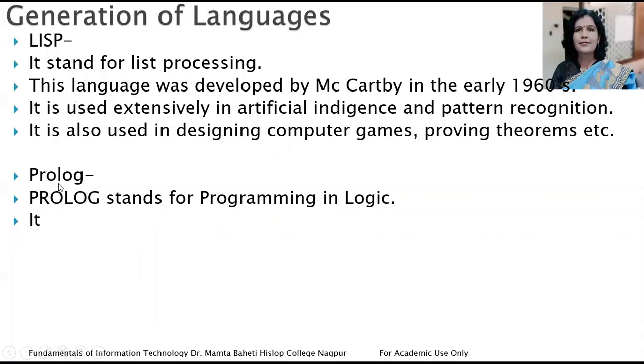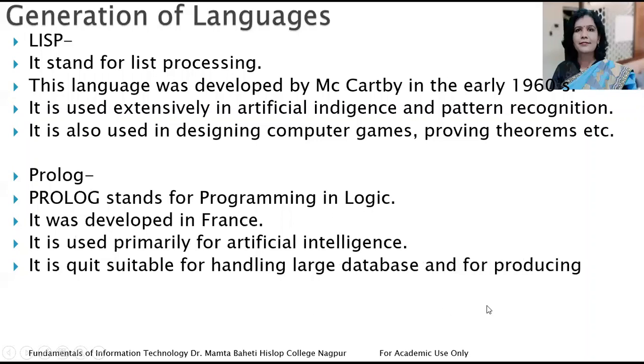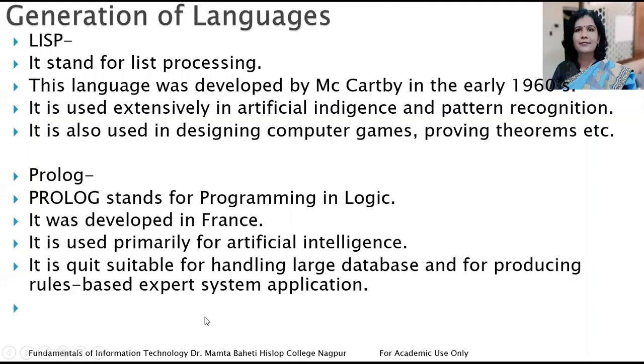Another language, Prolog, programming in logic, was also developed with the intention of designing expert systems and artificial intelligence, and it was quite suitable for handling large databases and generating rule-based expert system applications.